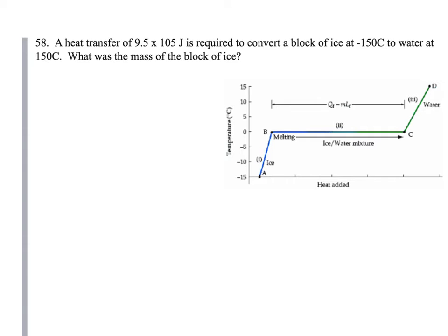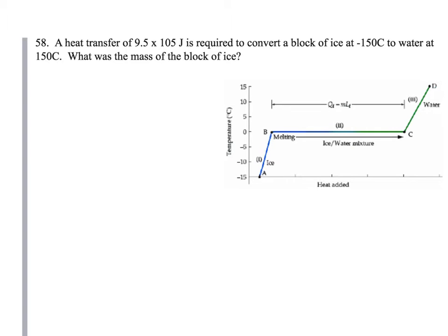So when the heat is first added, the block of ice is at A, so that's -15 degrees. Then the temperature goes up to 0, and that's when you begin melting the ice block. Back up a little bit: we've got the block of ice at A, we get it to point B, and that's where it begins melting.